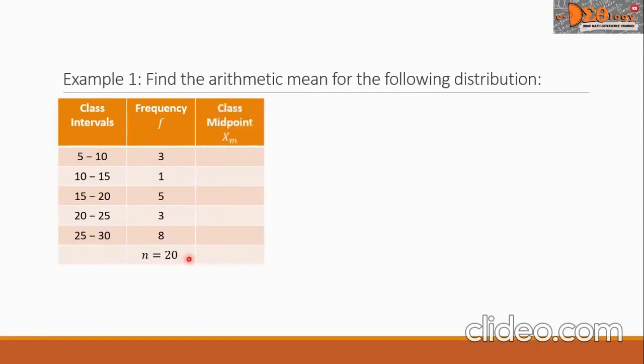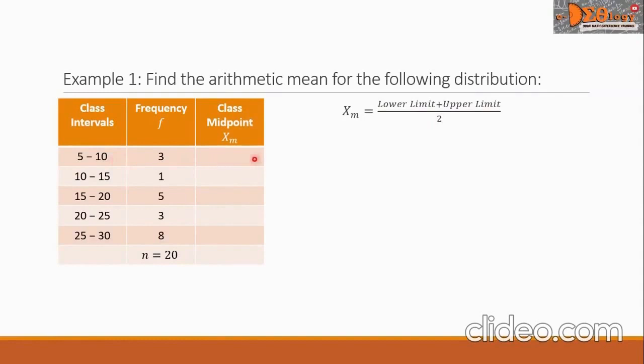After that, we need another column for the class midpoint, and that is the x sub m. The formula for the class midpoint is lower limit plus upper limit over 2. The lower limit and upper limit are the end numbers of the corresponding class interval.